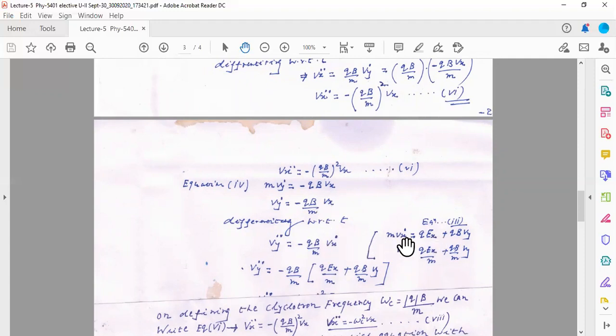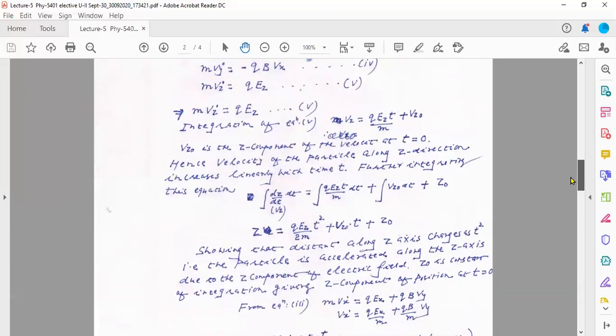And I have equation number 3, which I'm writing for your reference: m Vx dot equal to QEx plus QB Vy. This is expression number 3, which is already derived.